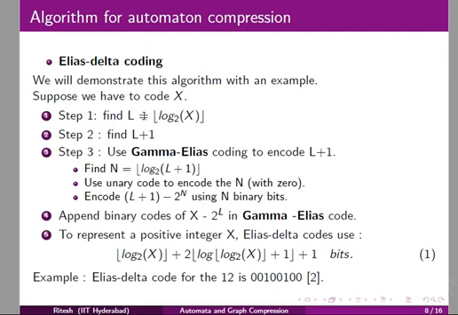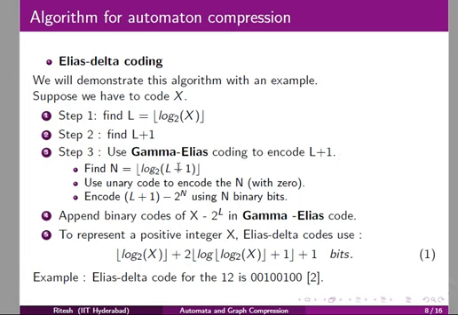So the first step is to find L, the floor of log x base 2. Suppose x is 12, so L is the floor of log 12, which gives 3. Then we find L plus 1, which is 4, and use Elias gamma coding to encode L plus 1.